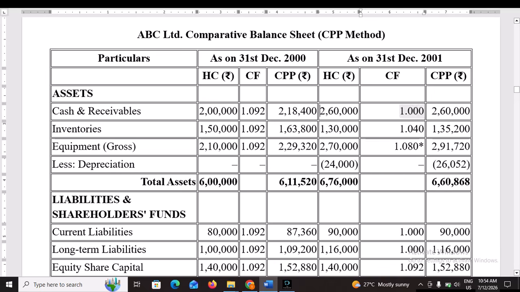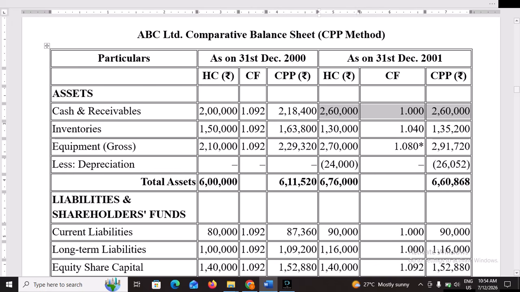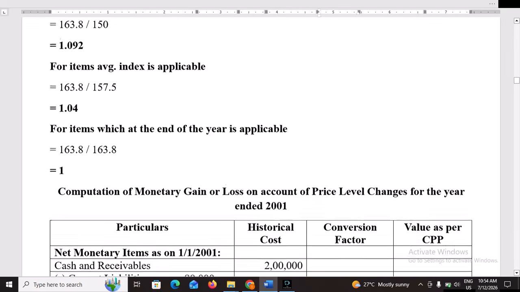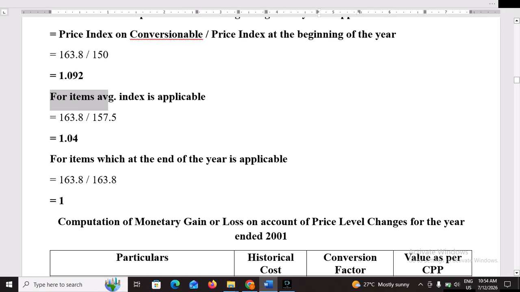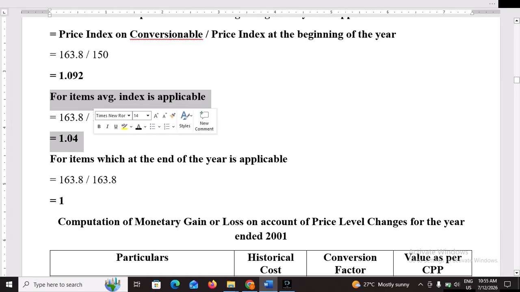So 2,60,000 into 1 is 2,60,000, because cash and receivables are monetary. Correct? Done. Next, inventories is 1,30,000, but for inventories the closing conversion factor does not apply. For this the average applies, because stock is purchased and sold during the year.